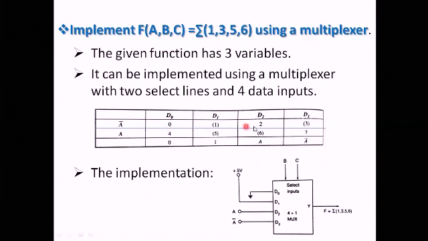And there are 8 boxes, so we will be writing the min terms, starting from 0, 1, 2, 3, 4, 5, 6 and 7. Now we will look for the min terms that are present in this particular expression. That is, what are the min terms present? It is 1, 3, 5 and 6. So encircle the terms that are present here.